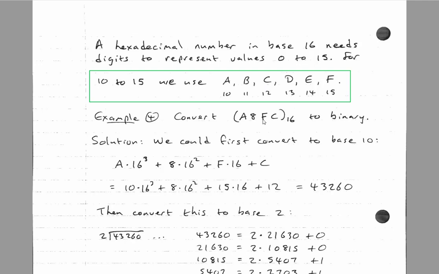We have F 16s, that's 15 16s. We have 8 16 squareds, and A 16 cubes, where A again means 10. So if I did this right, this hexadecimal's base 10 representation is 43,260.